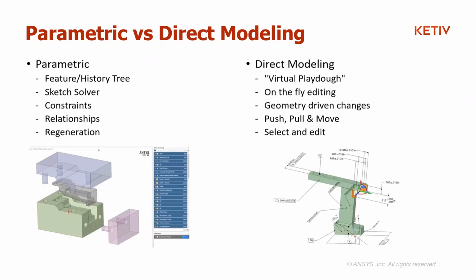For example, on my computer, I use the Autodesk Inventor Pro 2021. You have a feature tree where each and every step gets recorded. There are relationships, there are constraints between different dimensions in your geometry. And these constraints, these relationships drive how you are going to create your geometry.